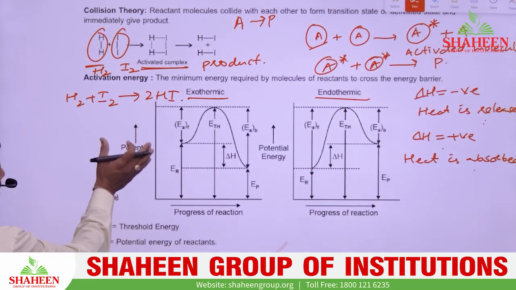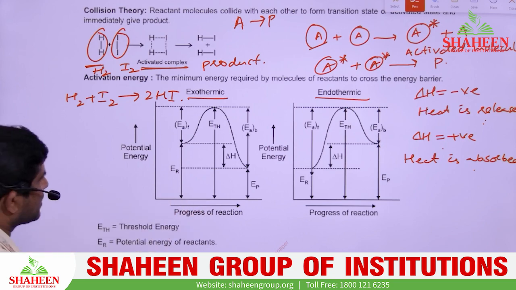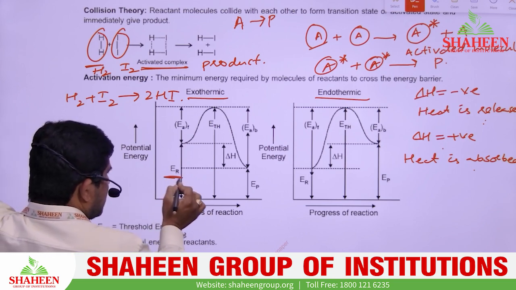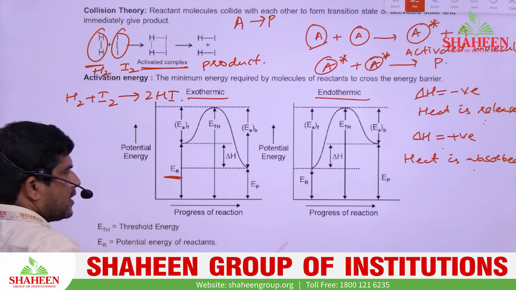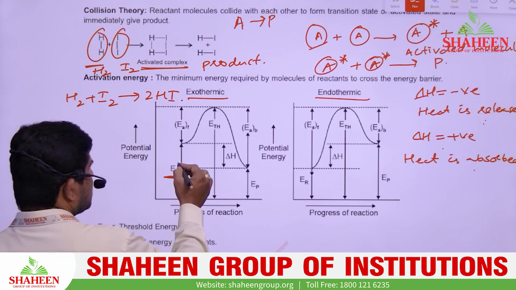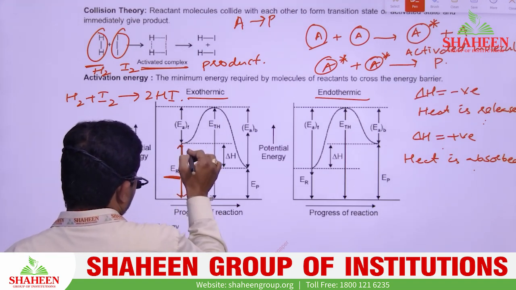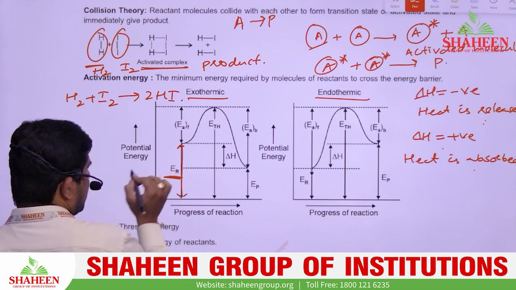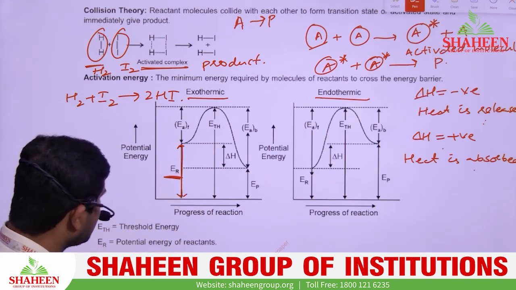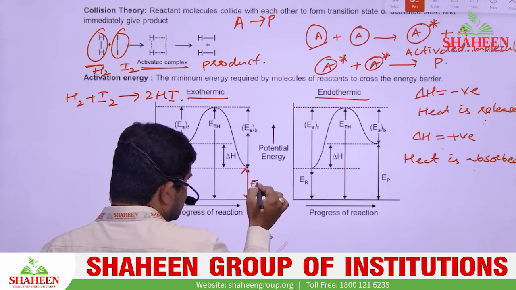This is the graph between potential energy versus progress of reaction. ER means the energy of reactant molecules, the potential energy of reactant molecules. And this one is the potential energy of product.